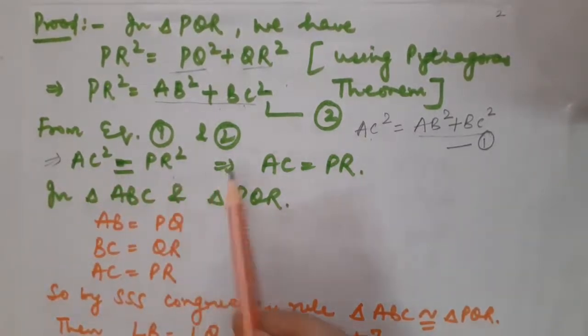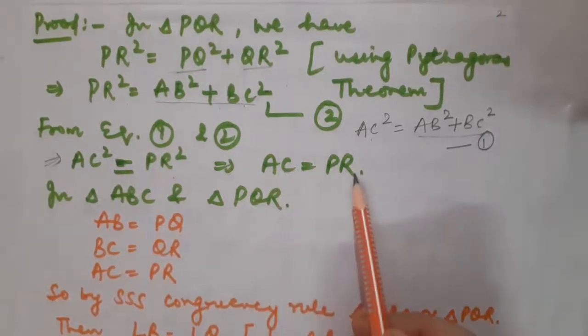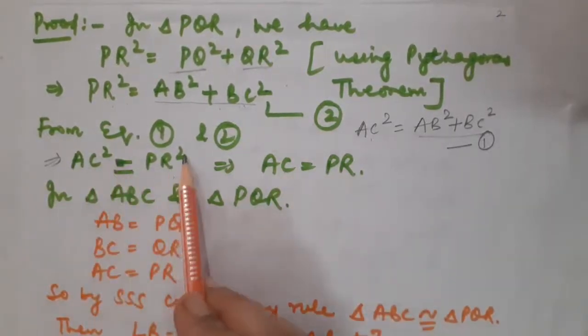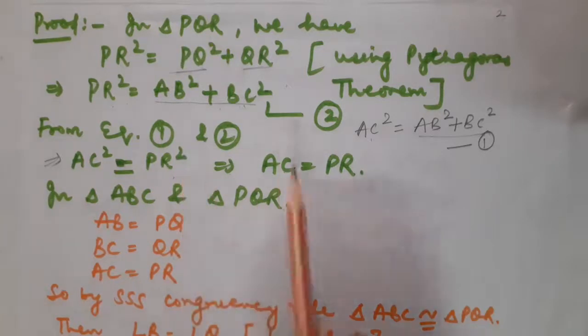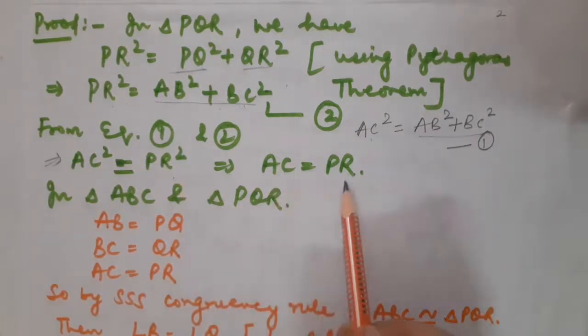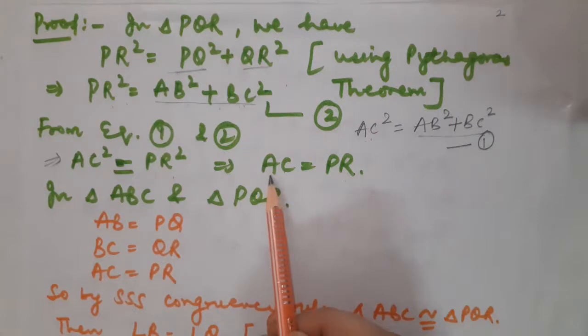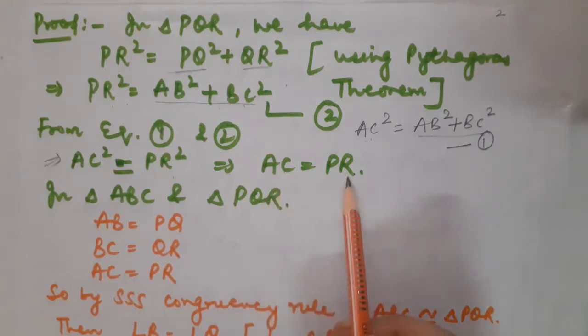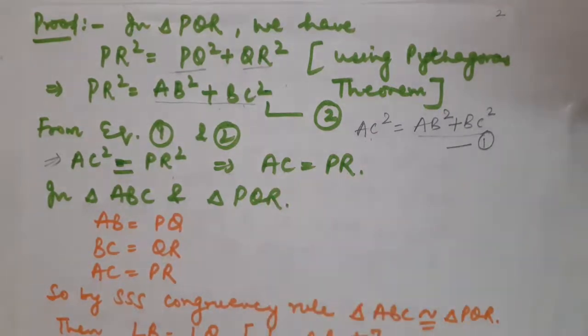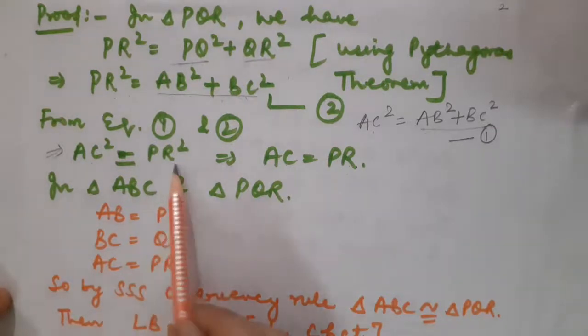So it implies AC will also be equal to PR, because if the square of two values are equal, it means the values will also be equal in that case. Children, don't be confused in this relation.